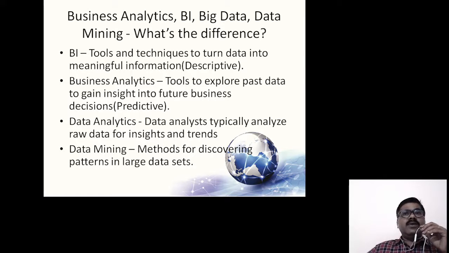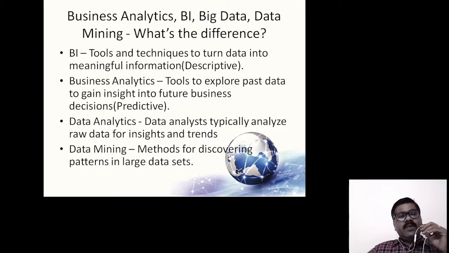Or in other words, we can call this a descriptive process, which is based on data, of course, and which turns the data into meaningful information about what the data speaks, or gives some basic instinct of the data.